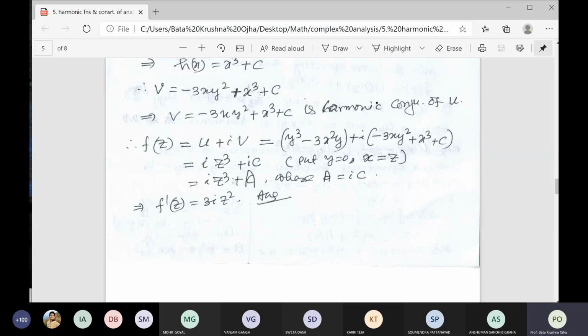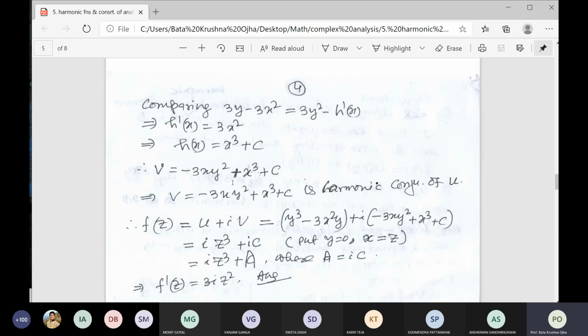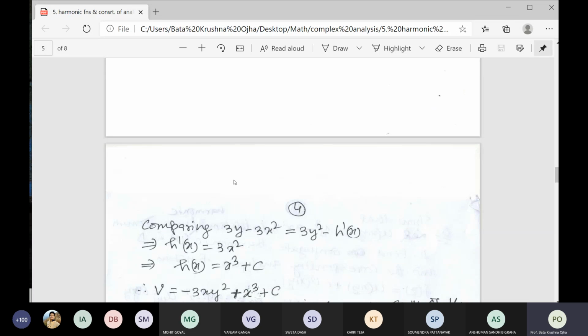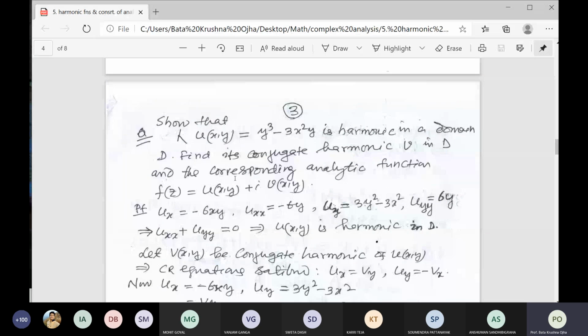So this is about the construction of an analytic function in a rectangular system. I request all the students to go through that example. If you understand this example, and you know the Cauchy-Riemann equations in rectangular form, you can follow this procedure and solve the questions.